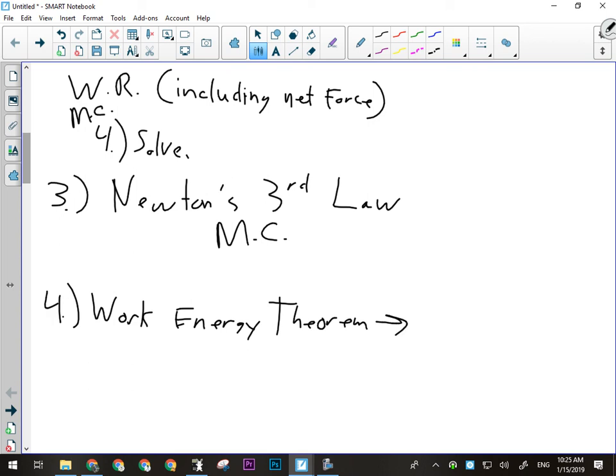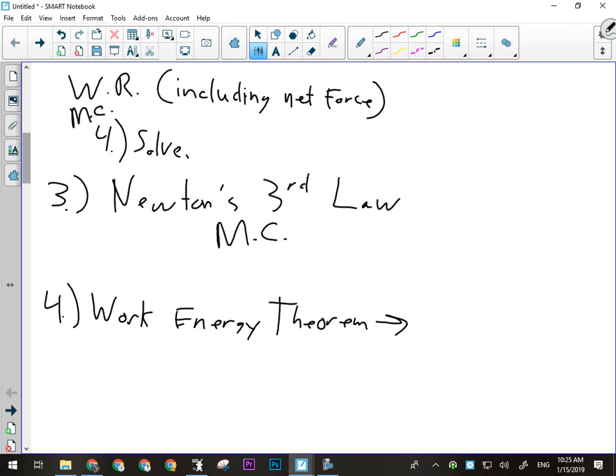The next thing we talked about was the work energy theorem. If you exert a force through a distance, you are going to change the energy of the object that you are exerting that force on. You are going to add mechanical energy to it. That mechanical energy could be in one of two forms. It could be kinetic, it could be potential, it could be one or just the other, or both. We dealt with all types of situations to do with changing the mechanical energy of an object.